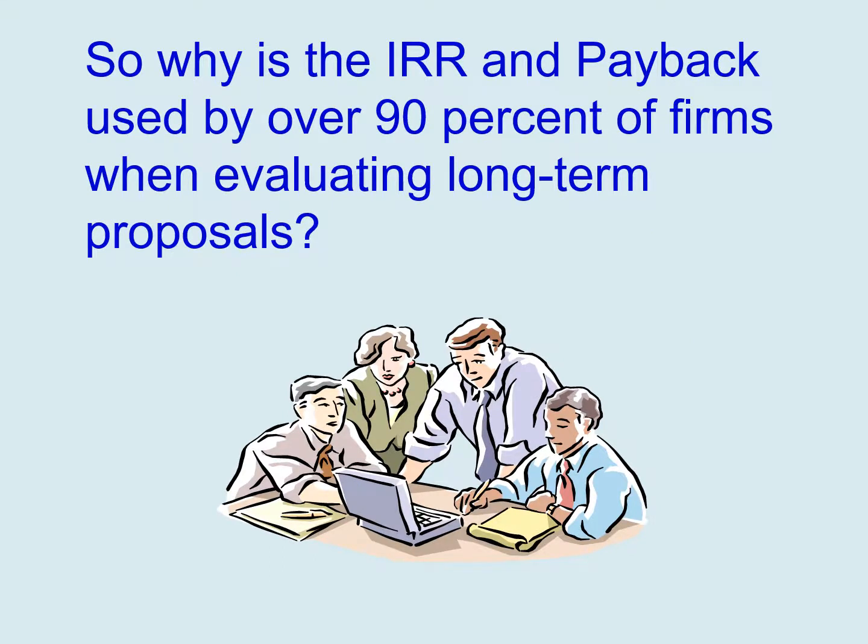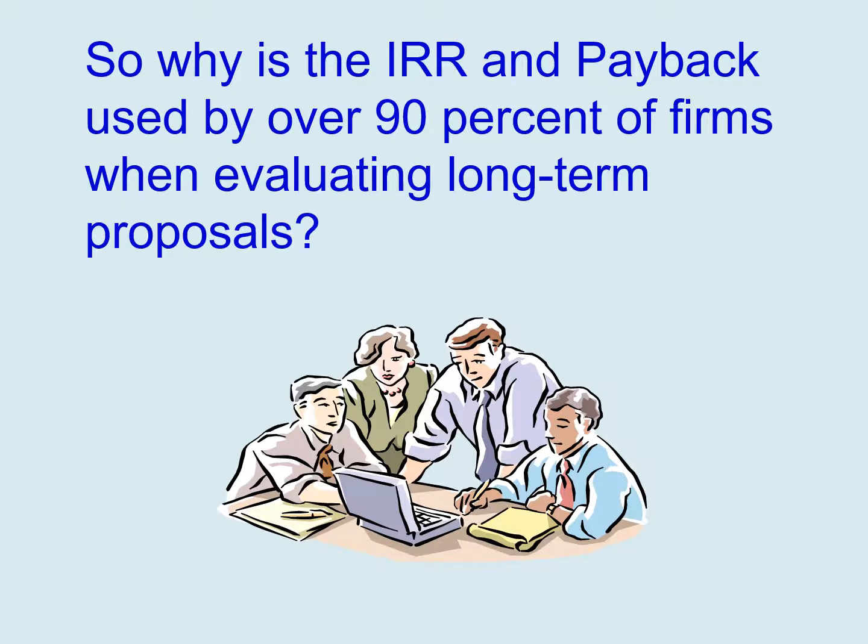So the question is, why is the internal rate of return and payback used by over 90% of firms when evaluating long-term proposals? And as I've stated, the NPV is going up in usage as well, but it has lagged behind the other 2. Internal rate of return and payback has been popular far longer than NPV.